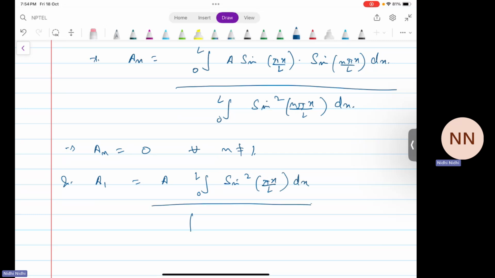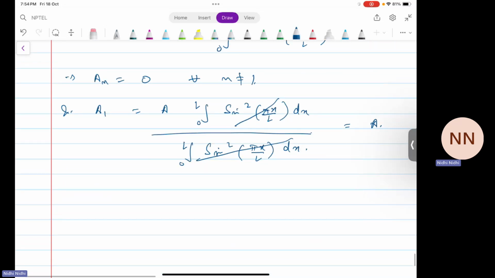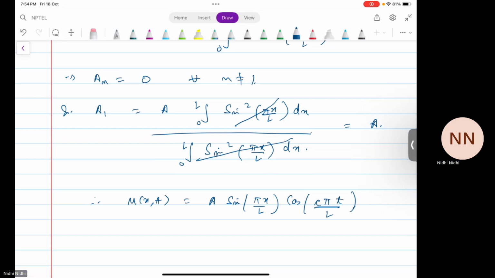The denominator is also the integral of sine square pi x by L dx since n is 1, so this gets cancelled out and is equal to a. Therefore, our solution u(x,t) is just a sine pi x by L cos c pi t by L. So this is our solution.